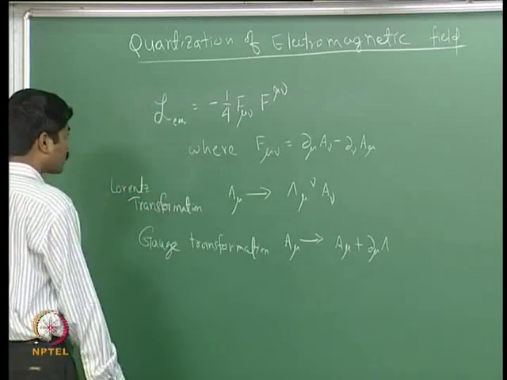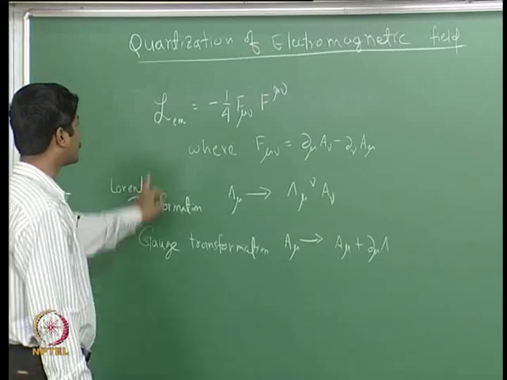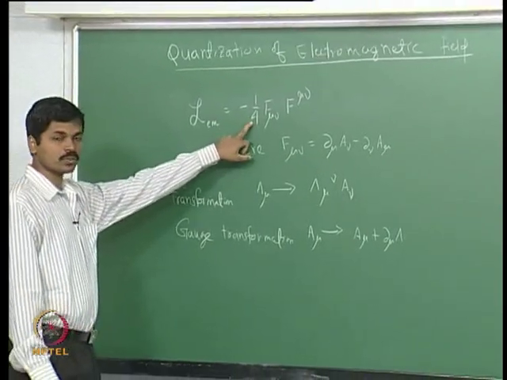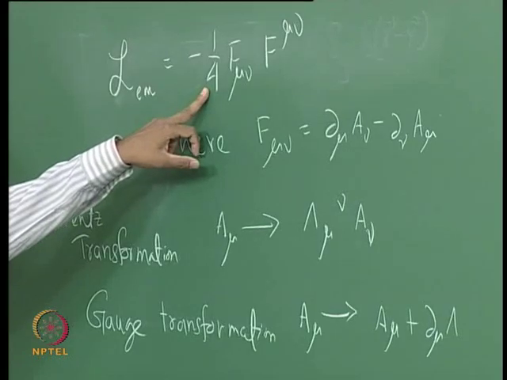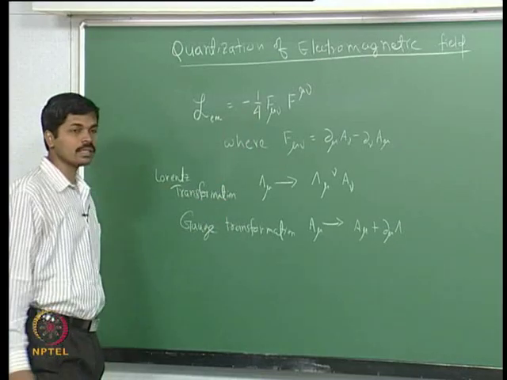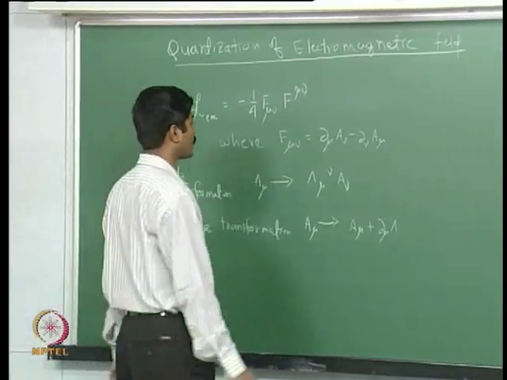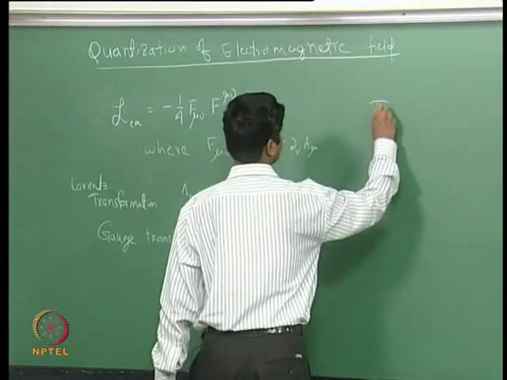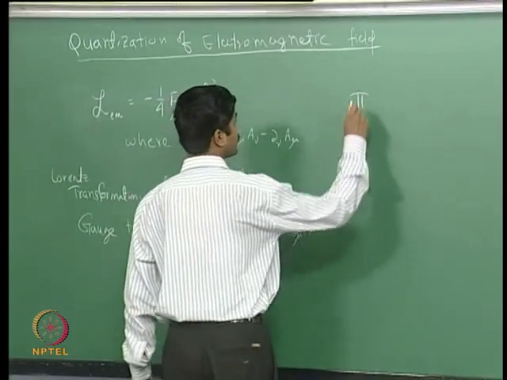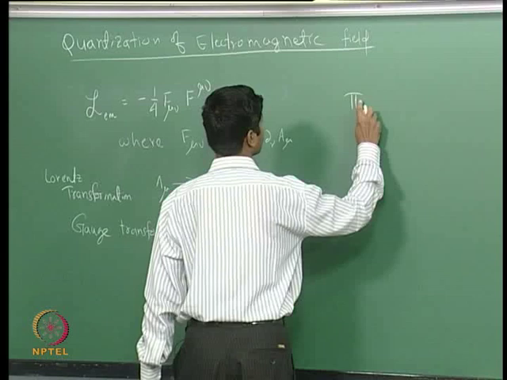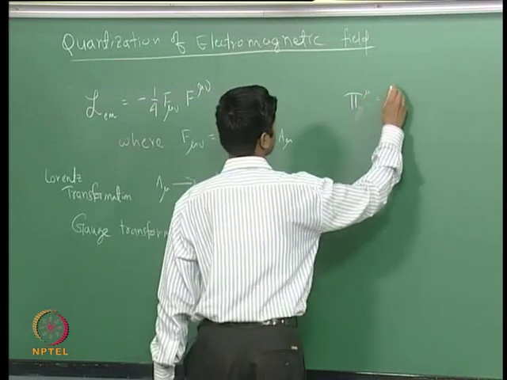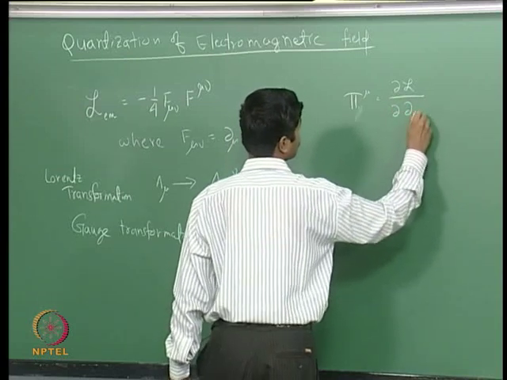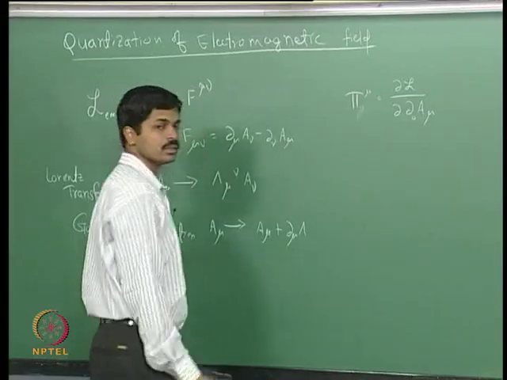Okay. How do you do that? We will see what happens when we try to do it in the usual way, that is to find the corresponding conjugate momentum for this Lagrangian and then look at the equal time commutation relations. So, the conjugate momentum, which I will denote as pi mu, equals del L over del of del 0 A mu.